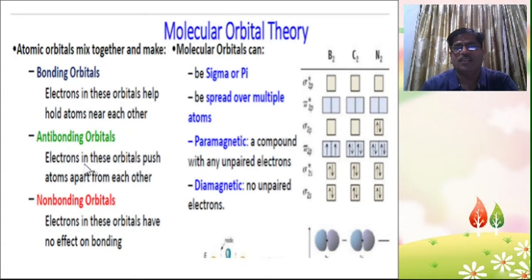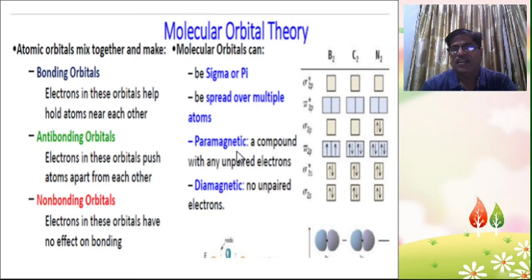Anti-bonding orbitals: electrons in these orbitals push atoms apart from each other, and electrons in non-bonding orbitals have no effect on bonding. In MO theory, molecular orbitals can be sigma or pi, and can be spread over multiple atoms.